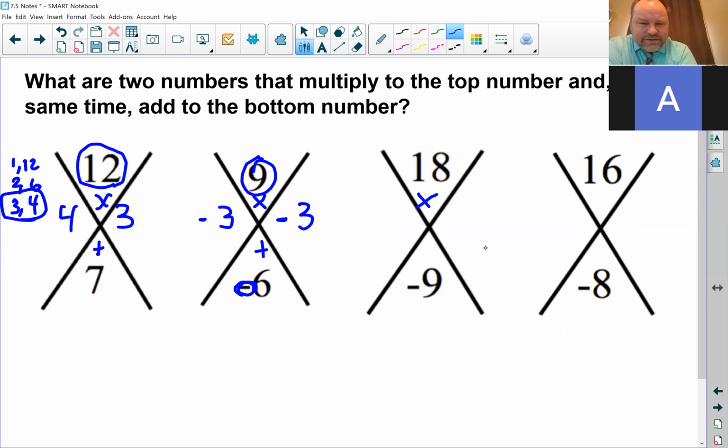Multiply to 18 and add to -9. Again, both are going to have to be negative.